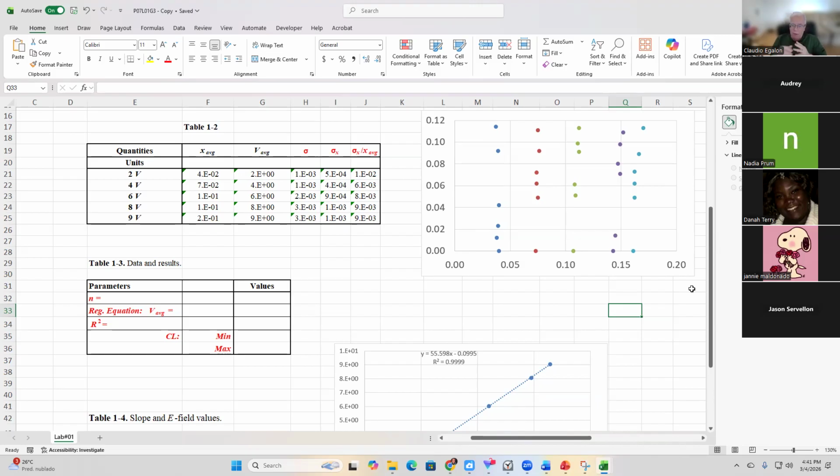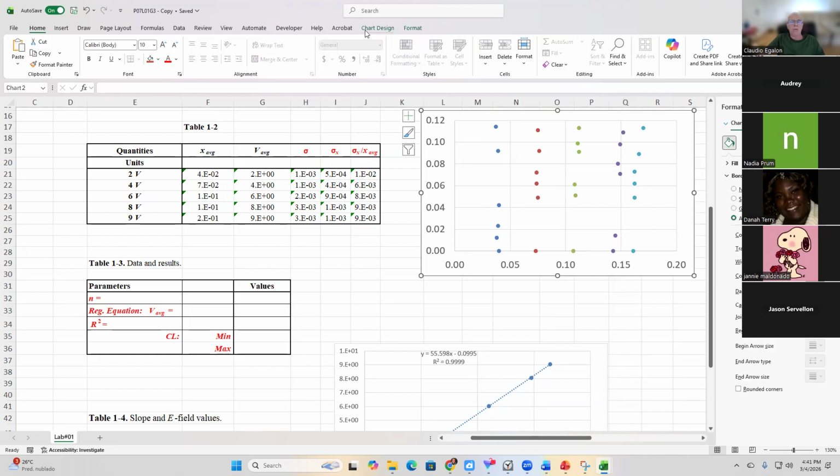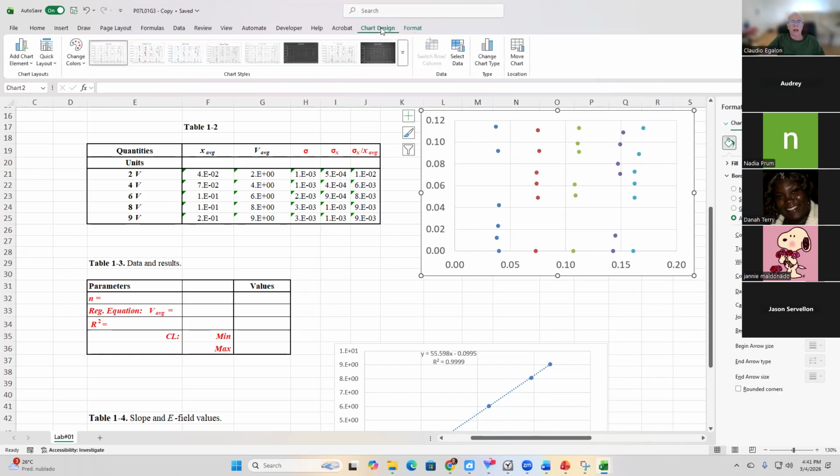Most of you did that before, right? Hopefully. Okay, so when you click the graph, watch what happens here at the top, right? When you click the graph, those 2 options show up: chart design and format. You want to click chart design and go to add chart element.